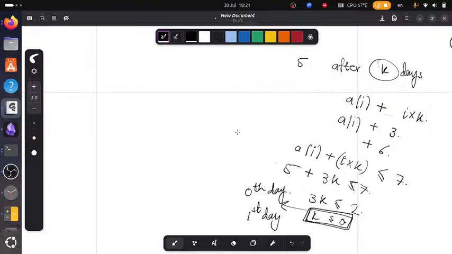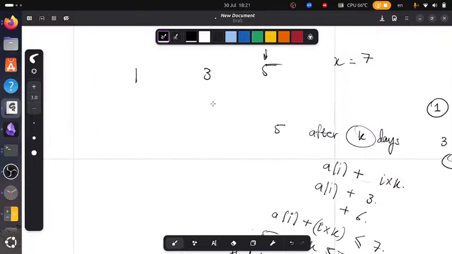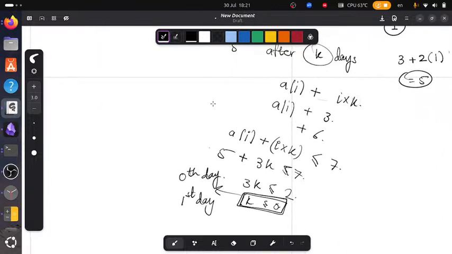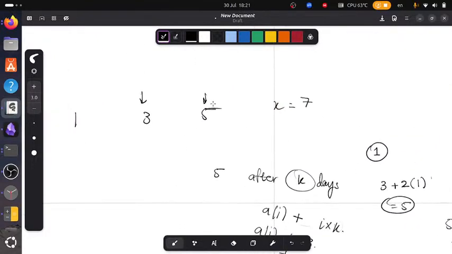So once you come here, the number of days that have passed will be equal to, it's going to be plus equal to k plus 1.